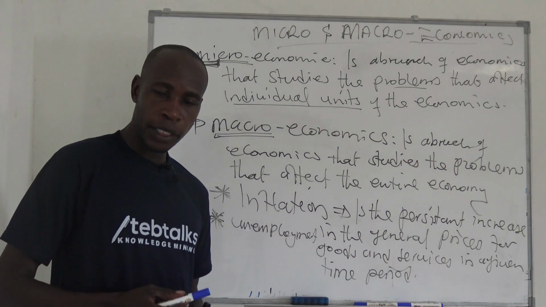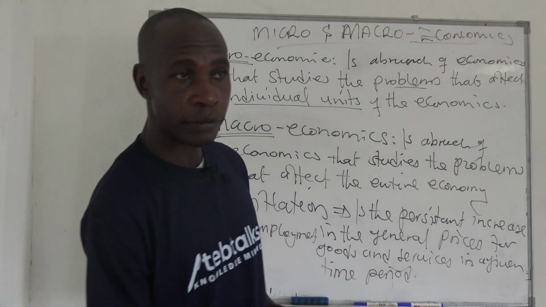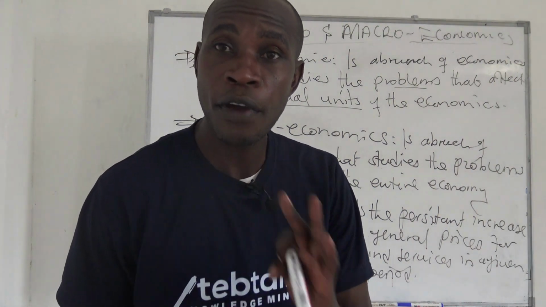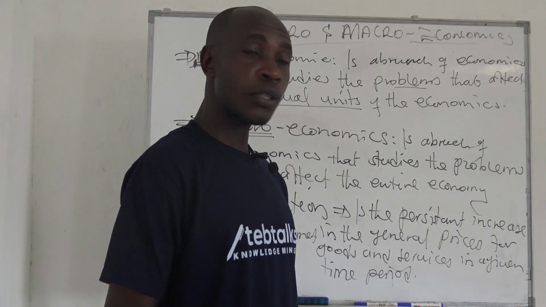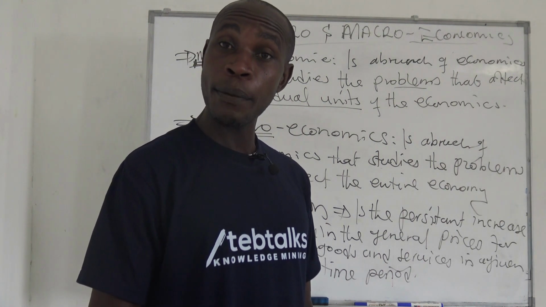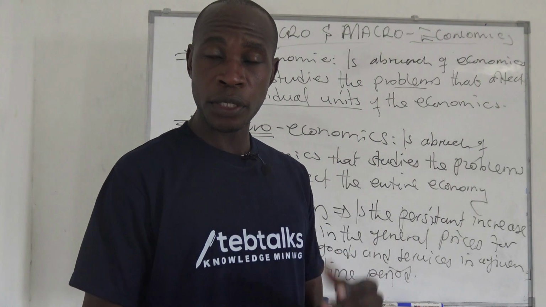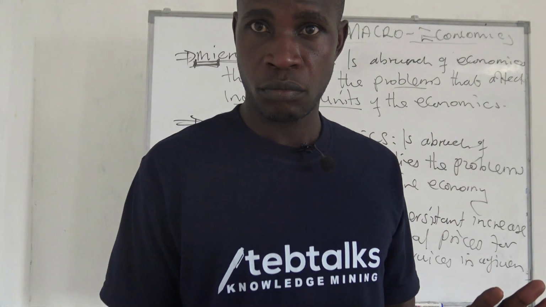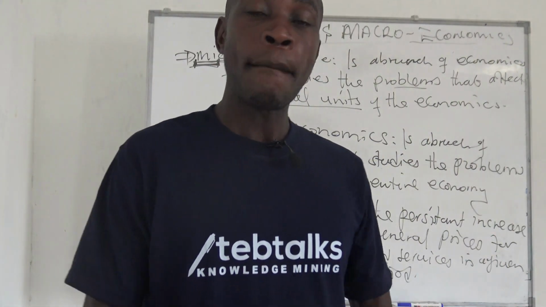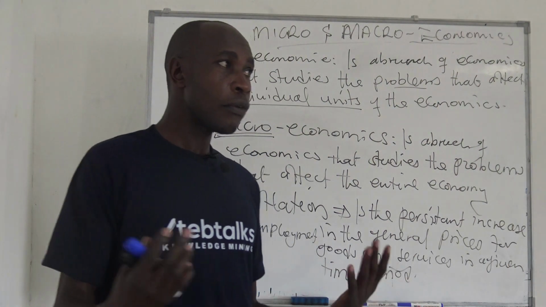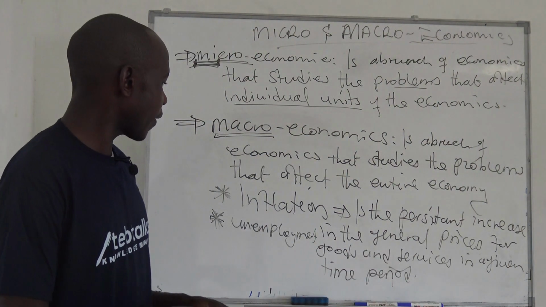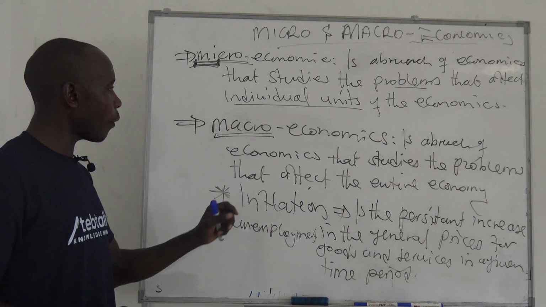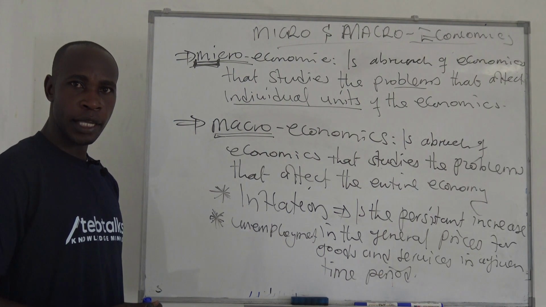And when it comes to developing countries like African countries, Uganda inclusive, we are at a very big challenge. That's why most of the youth are unemployed. And this unemployment is not only in a given region, but all over different regions. So unemployment is also another example under macroeconomics, okay?